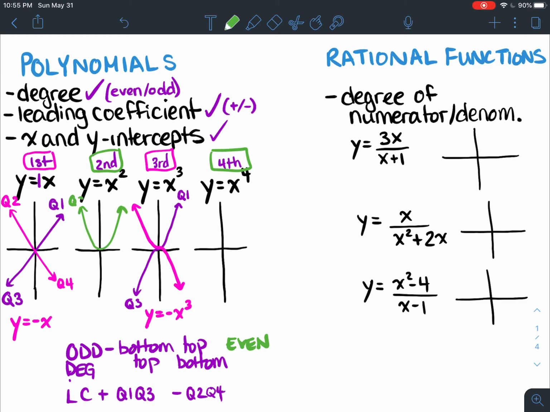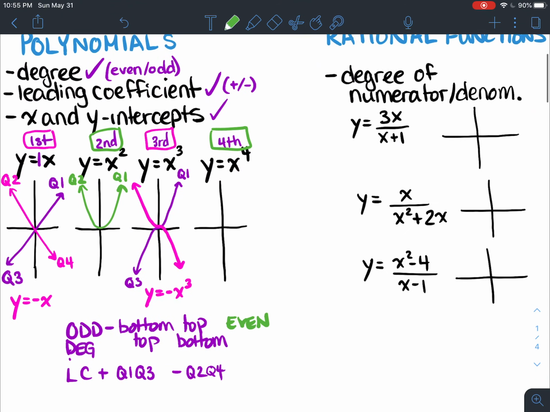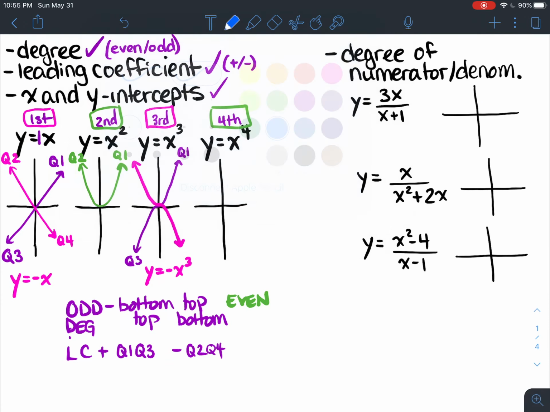So it looks like it goes from quadrant 2 to quadrant 1. Okay, but what if we made it y equals negative x squared? Well, now I know that that graph actually looks like this. Okay, cool.